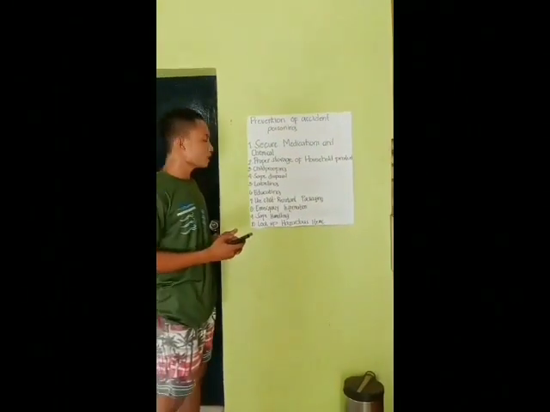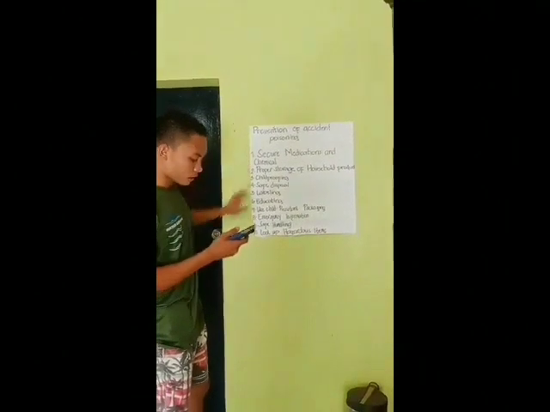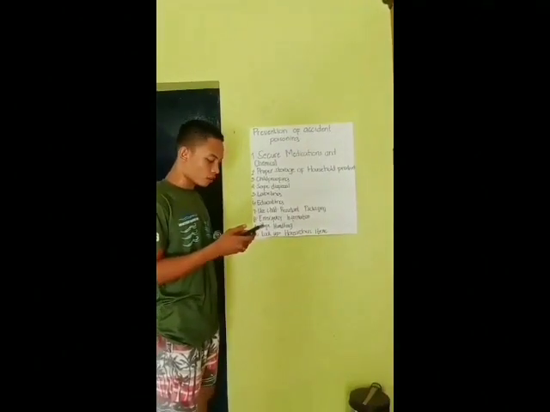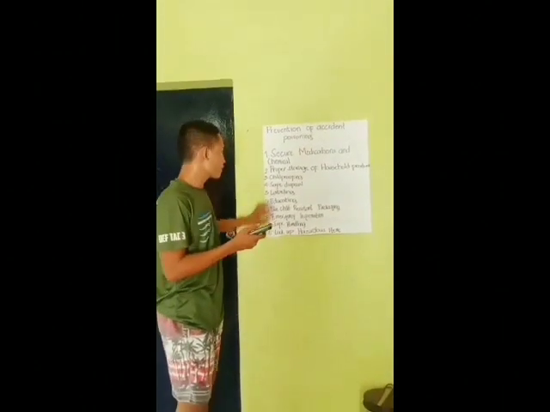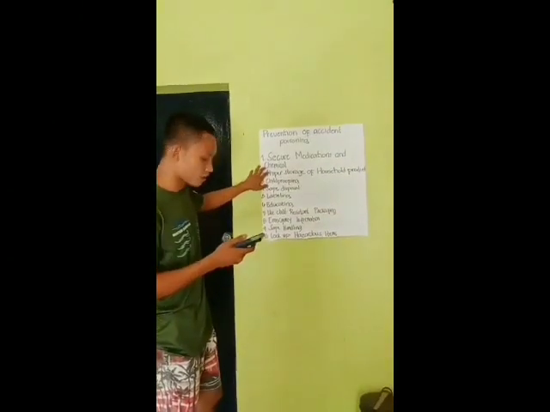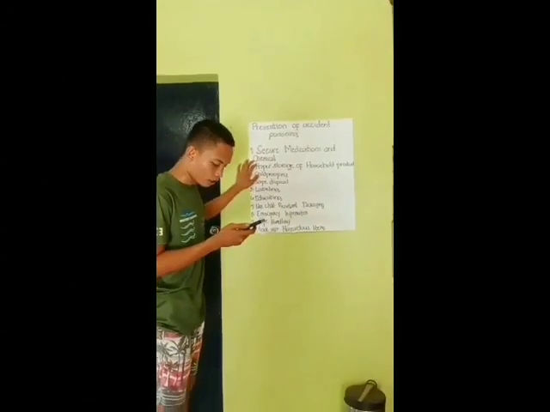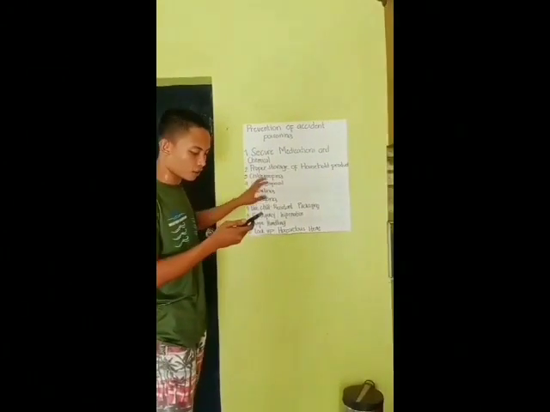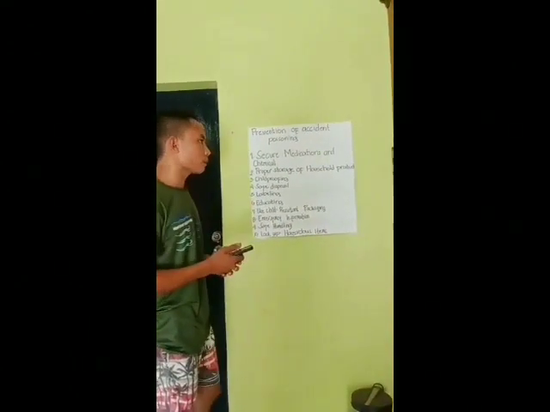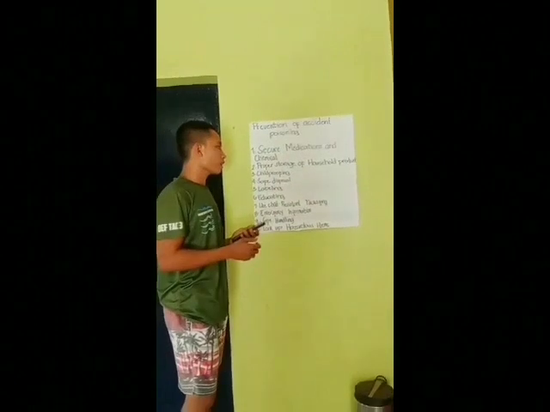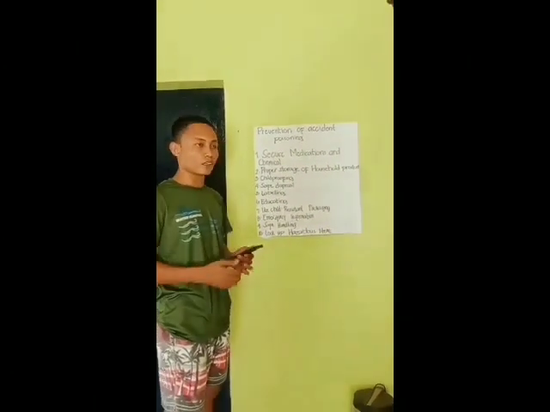Prevention of accidental poisoning. To prevent accidental poisoning, consider these 10 following precautions. First is secure medications and chemicals. Keep medication, household cleaners, pesticides, and other potentially toxic substances out of reach of children and pets. We should keep the chemicals away from children so they cannot get them and have accidents.